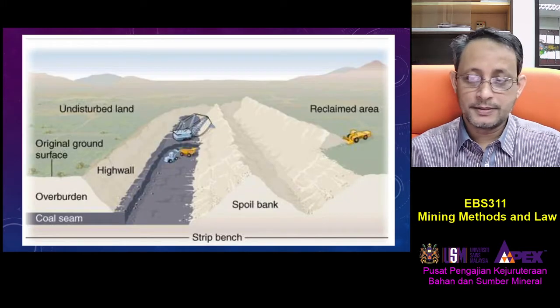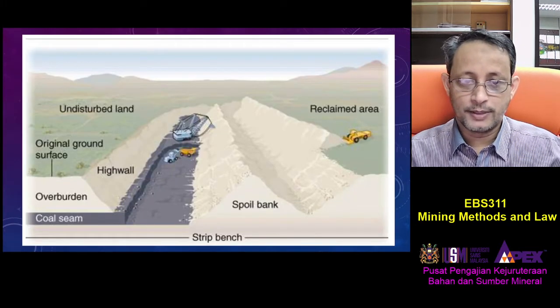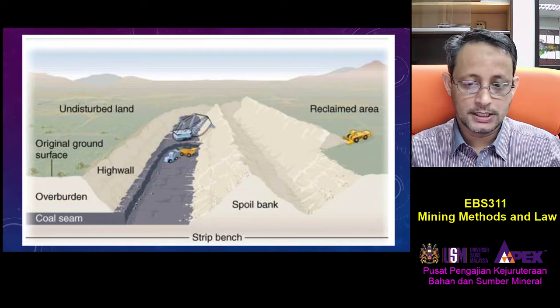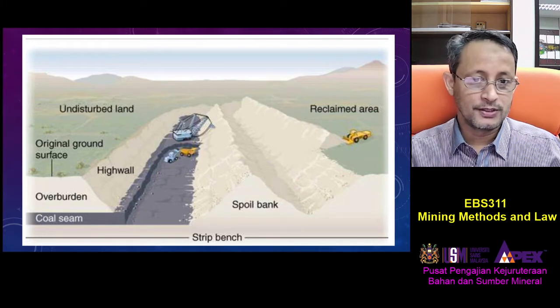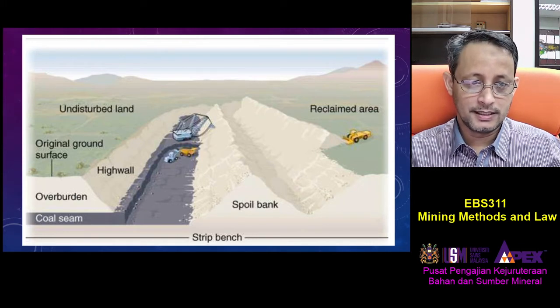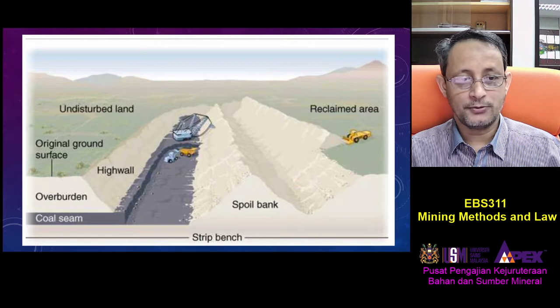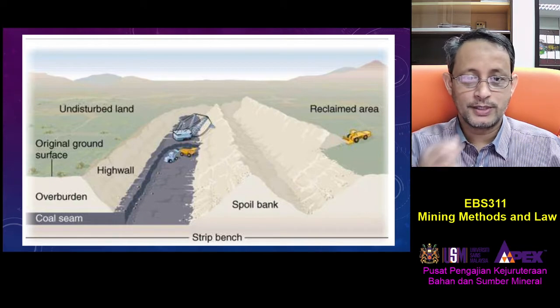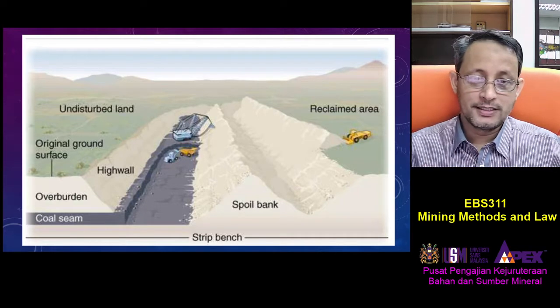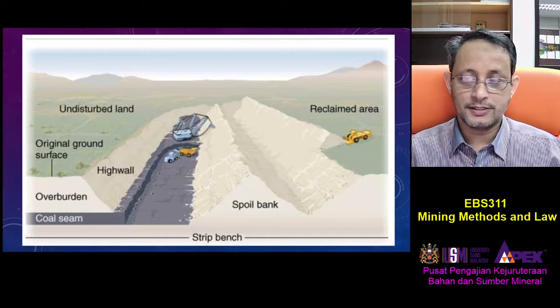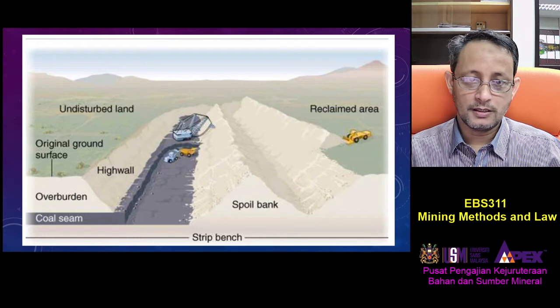Okay, these are some figures I want to show of how strip mining can be done. You can see there is a coal seam, the grey colour, and also a high wall, where the drag line is doing the overburden removal while the excavators and also lorries are used accordingly.